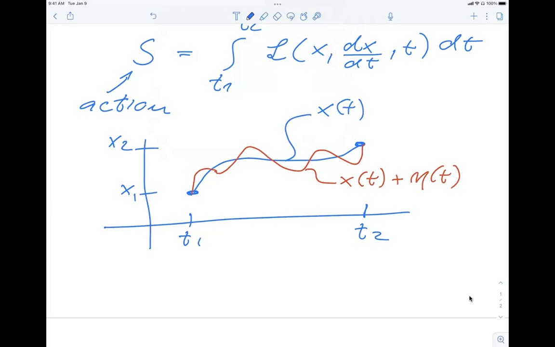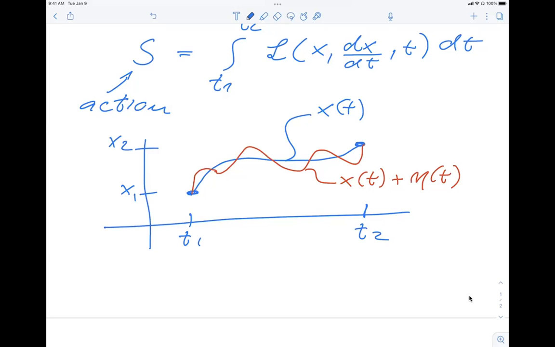What we know is that there is a myriad of such paths which you can take from t1 to t2. And you are now asking yourself, can I optimize this specific integral so that I take the best possible path, which for instance minimizes the energy needed to bring you from one point to another point? So this is the overarching perspective I want you to have when we are thinking of this least action principle, which is linked with variational calculus.